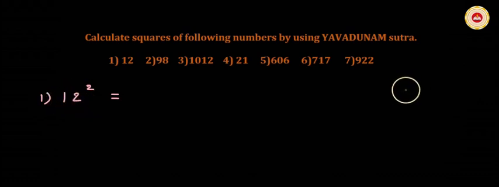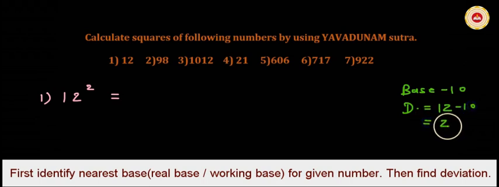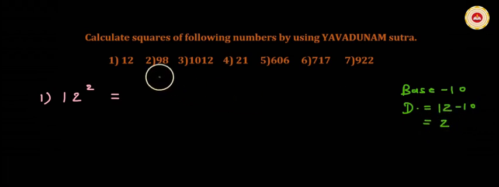It is 10. So the base is 10, right? And what is the deviation? To calculate the deviation, we subtract the nearest base from the given number. So 12 minus 10 is equal to 2. 2 is the deviation. So let us use this deviation 2 for further calculation.